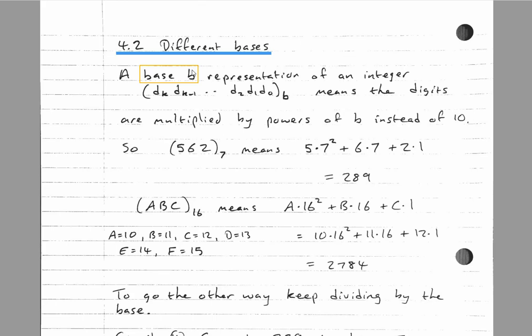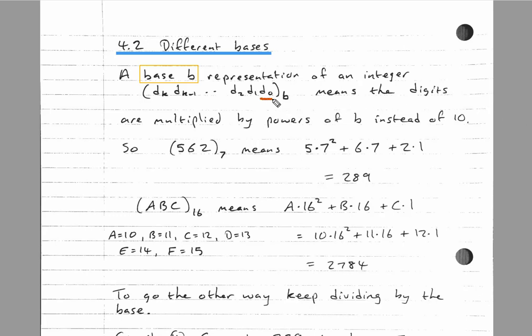Also a nice question, converting between bases. We're used to working in base 10, but if you have a base b representation of an integer, we write it like this, parentheses with a little b. This means that instead of tens, we're using powers of b, so each digit is multiplied by a power of the base b.